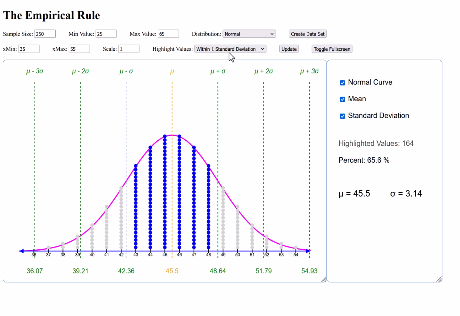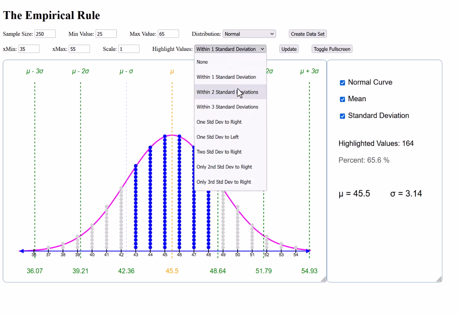Now, there are 250 data items in this data set, and it's very nicely told us here that 164 of those happen to be within that first standard deviation. That works out to about 65.6% of the data. So that's pretty accurate. It's about 68%.